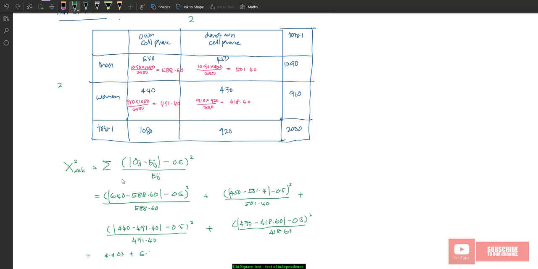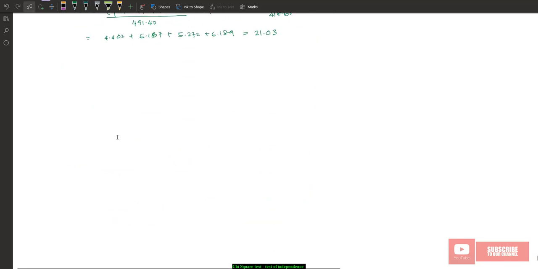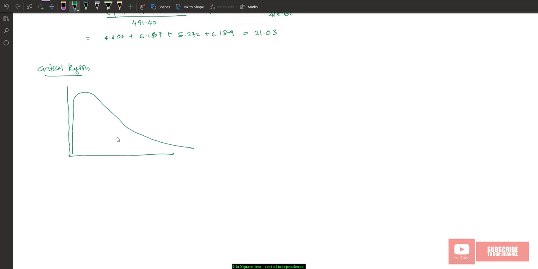So this should lead us to 4.402 plus 5.167 plus 5.272 plus 6.189. So the total chi-square calculation should be 21.03. Right? Now the next thing is we need to calculate the critical value, the critical region. We're still using a chi-square distribution, so the shape is skewed to the right, and we have a 5% error, 0.05.